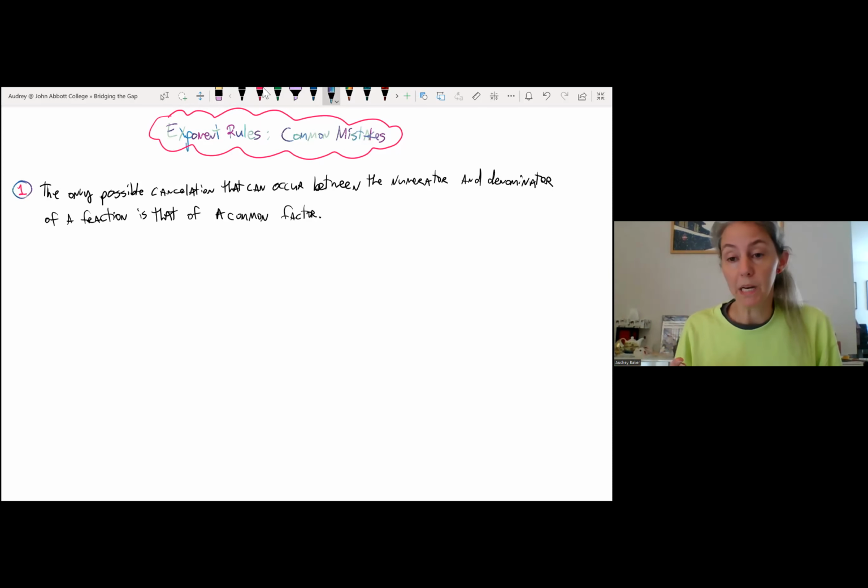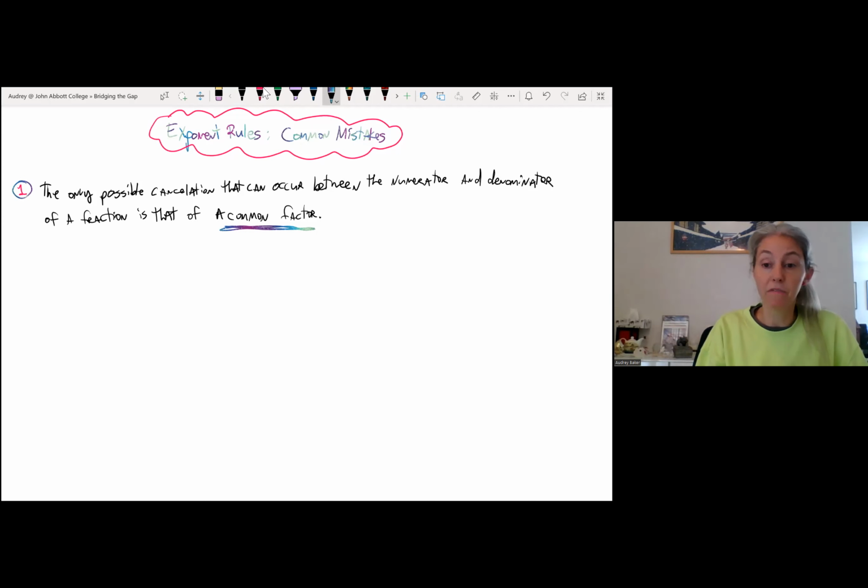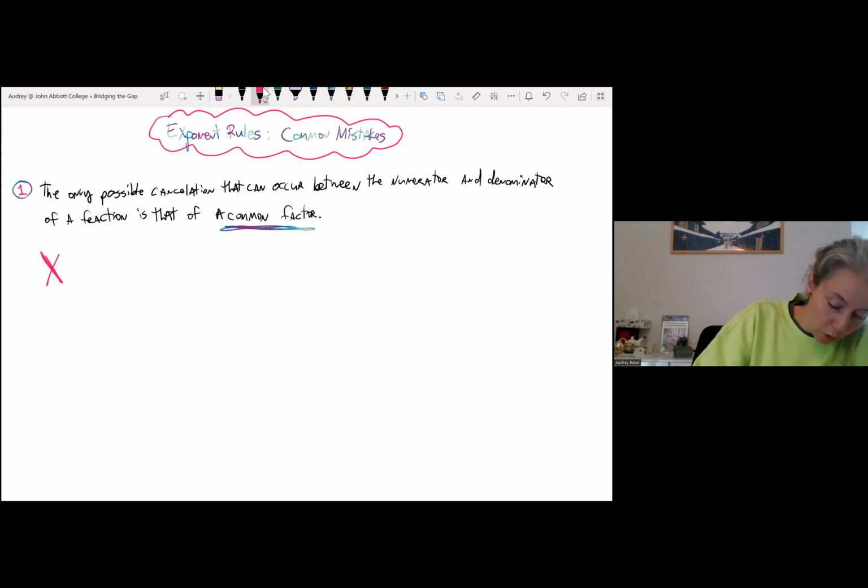Also, you can check out the PDF document that goes through all of this, which I will also link down below. So what does this actually mean here? That the only cancellation that can occur between the numerator and the denominator is that of a common factor. For this, understanding the difference between a factor, something that is multiplied, and a term, something that is added or subtracted, is important. So do not do this.